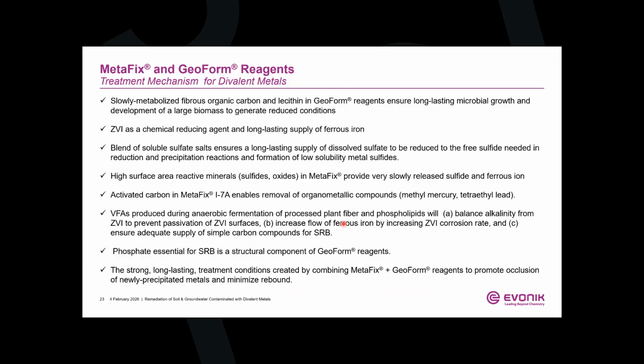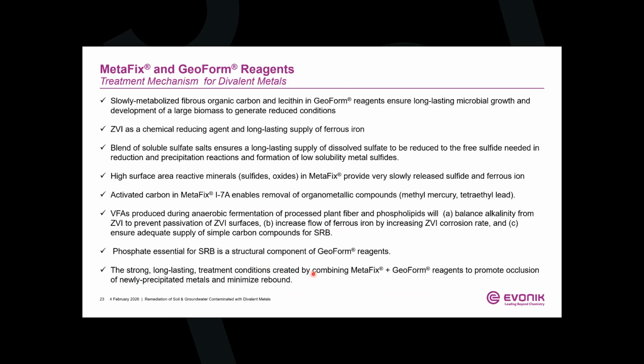And in addition, when we combine our Metafix with the geoform reagents, fermentation or metabolism of the organic carbon gives us these simple, low molecular weight organic compounds like VFAs that sulfate reducing bacteria need in order to do sulfate reduction, and the phosphorus that's essential to good activity of sulfate reducing bacteria.